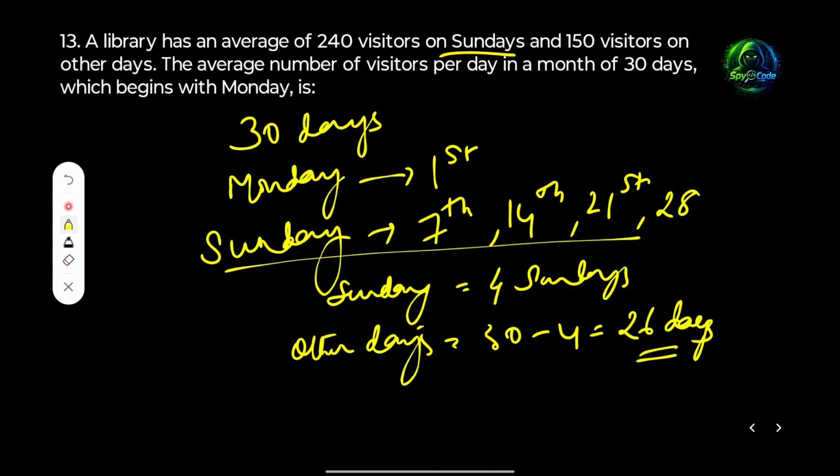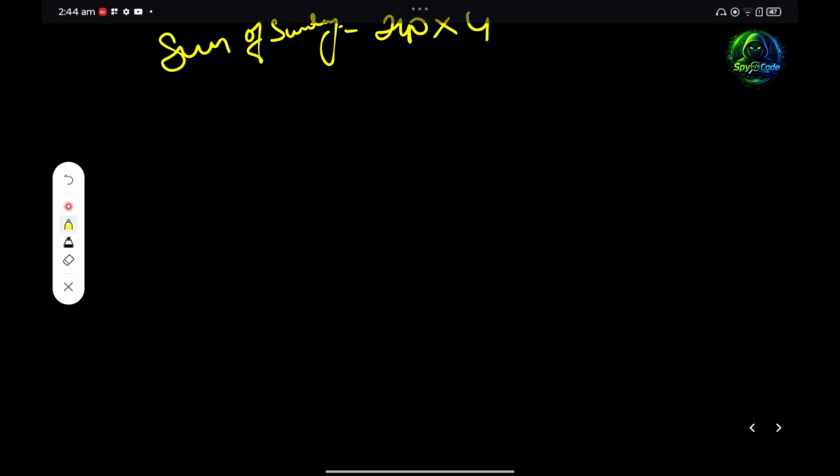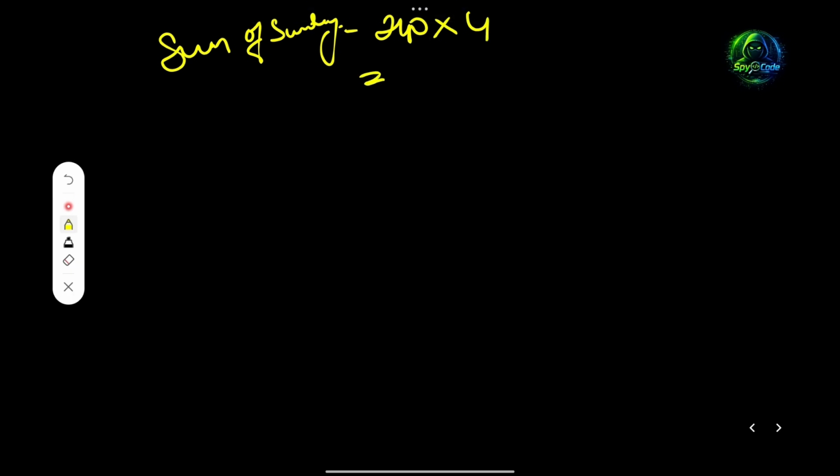Here, 240 visitors on Sundays. So we'll find the sum for Sundays. 240 visitors. So how many Sundays? 4.